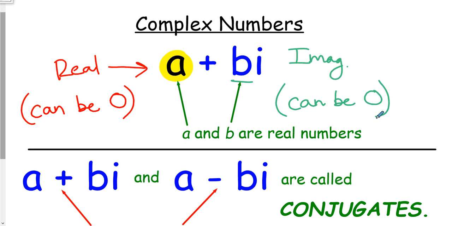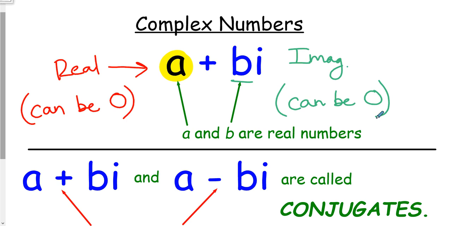Conversely, we could say the same thing if the value of b was 0. So it wouldn't appear as though there was an imaginary component. We would just see a real number value. We would call that a pure real. But all of these are examples of complex numbers.